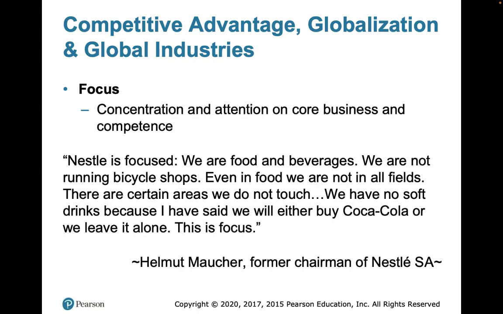Now let's talk about focus. Focus is another aspect of globalization and global industries. A lot of companies that have gone global, over time they focus and they are known for what they do. Like for example, if you mention Toyota, we know they produce cars.